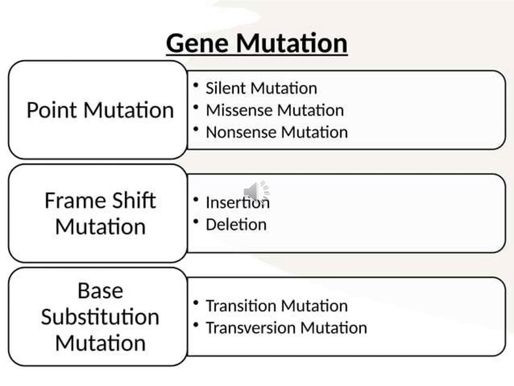Then about frame shift mutation, addition or removal of nucleotides occurs. If not in multiples of three, that is a frame shift mutation, which alters the reading frame, so a drastically different protein sequence occurs.